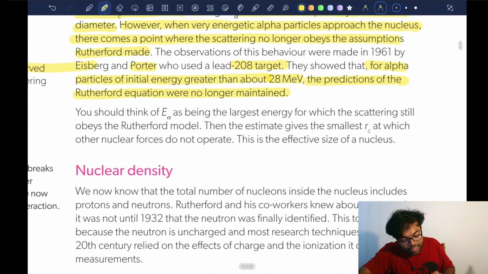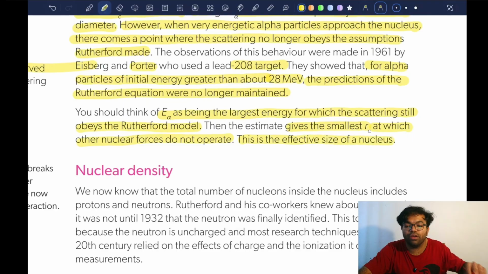You should think of this kinetic energy as the largest energy for which the scattering will still obey Rutherford's model. Then the estimate gives the smallest Rc at which other nuclear forces do not operate. This is the effective size of a nucleus. So what is the effective size of the nucleus?